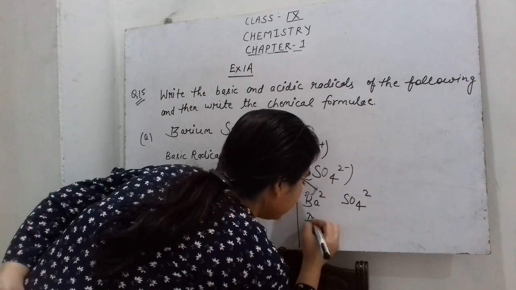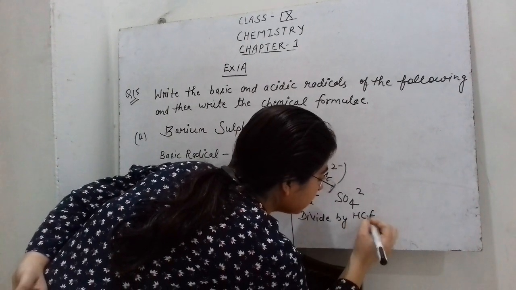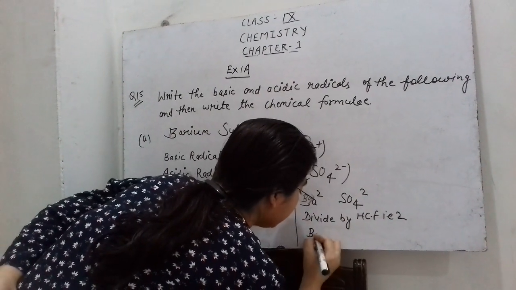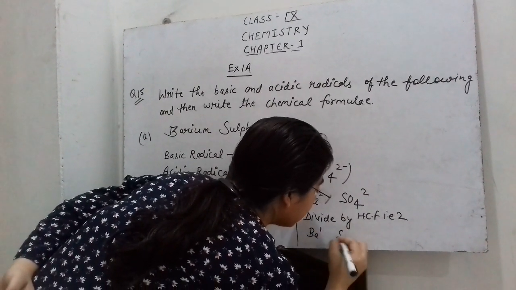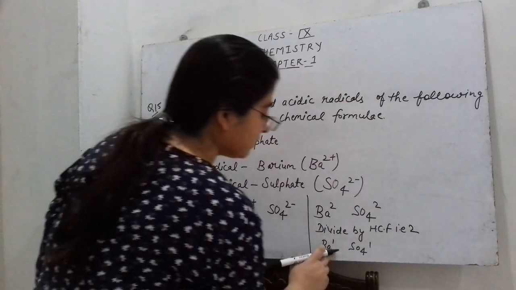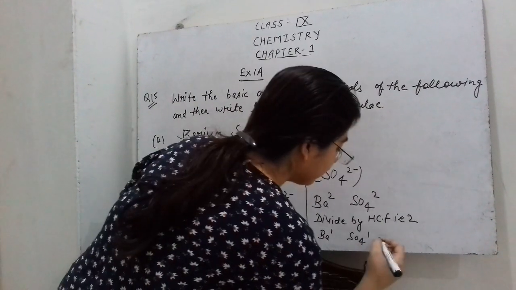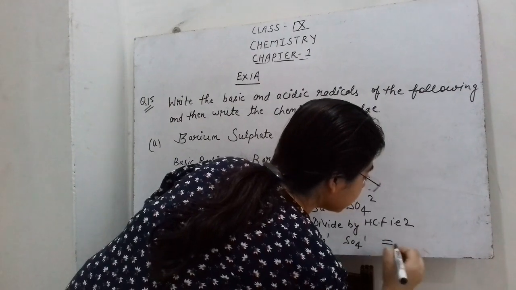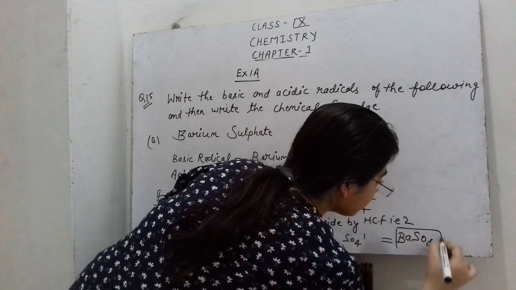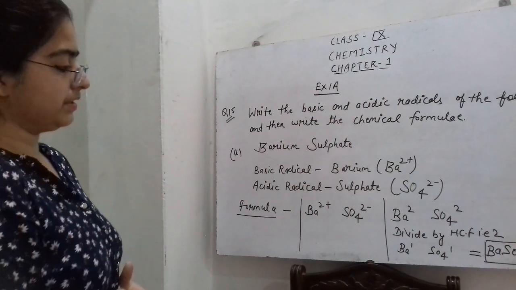So we will divide by HCF, that is 2. So we will get Ba and SO4. And on cross multiplying also, whenever we cross over the valencies, then also we will get the compound as BaSO4. So this is the formula of the compound which is formed, barium sulfate.